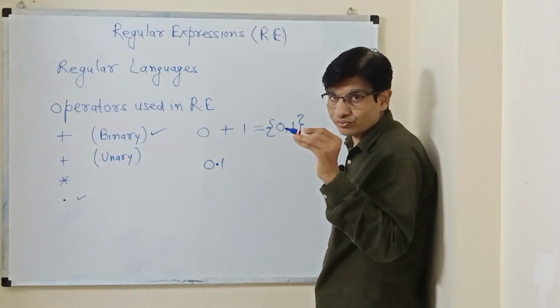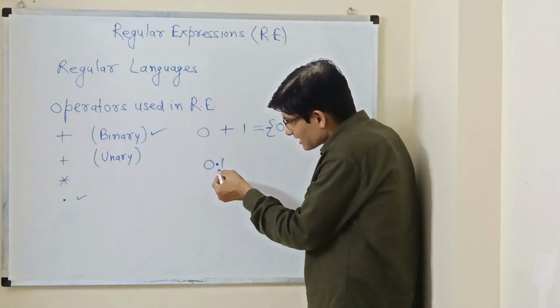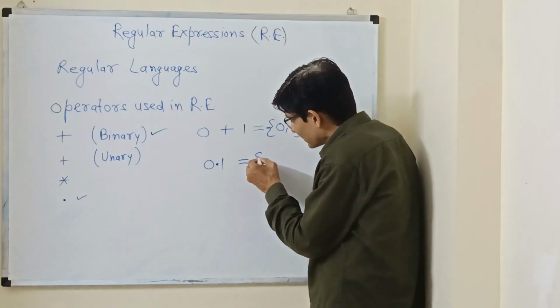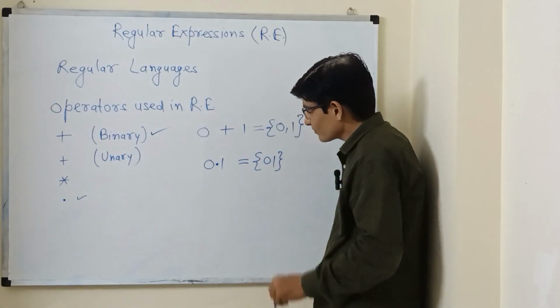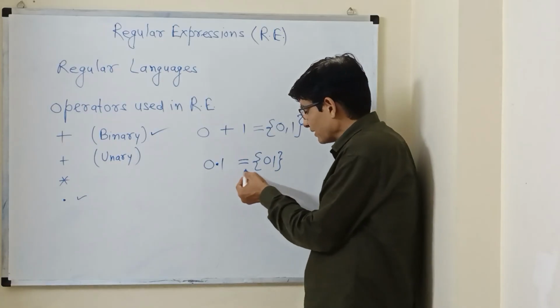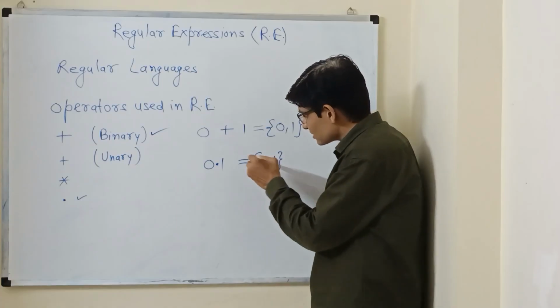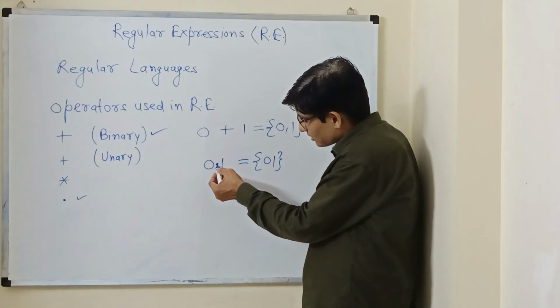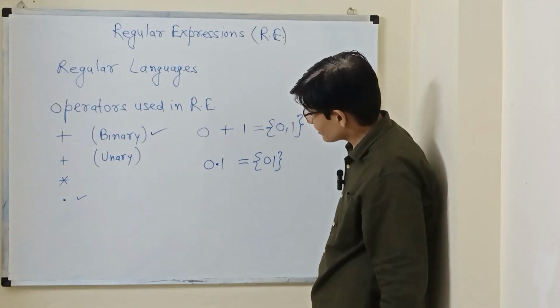If we consider this as one regular expression, this set would have only one string, which is 01. Only this string you can create with this regular expression. This is how you can use the dot operator.